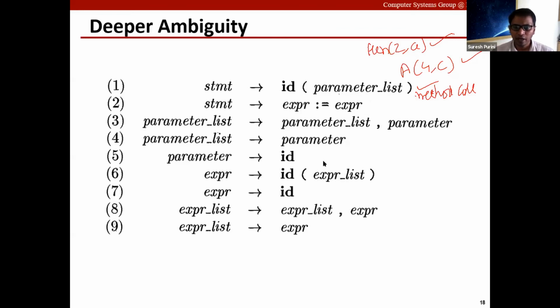Then in substitution rule 6, this could be an expression, which can be an array index. So this is the array index operation. There is an ambiguity because, given fun(2, A) or A(4, C), we don't know whether to construct a parse tree using substitution rule 1 or substitution rule 6. There's a problem.